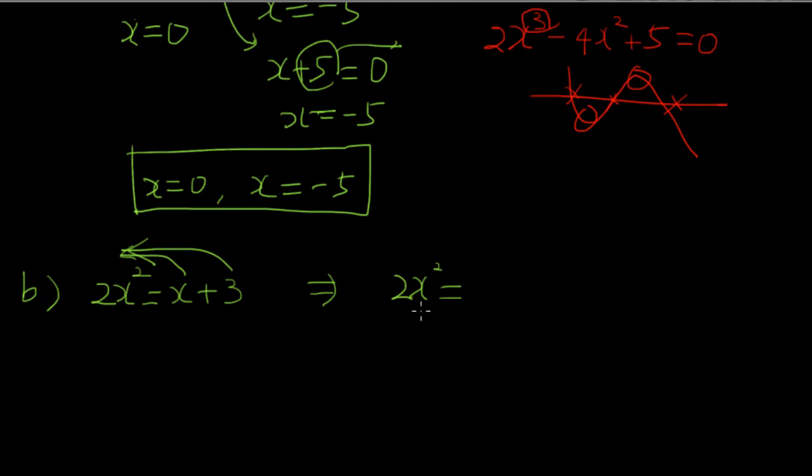So it'll be, oh, you know what? I shouldn't write equal. That silence just distracted me. So this x and 3 should be moved to the other side. Remember, when we move a term across the equal sign, what happens? The sign changes.